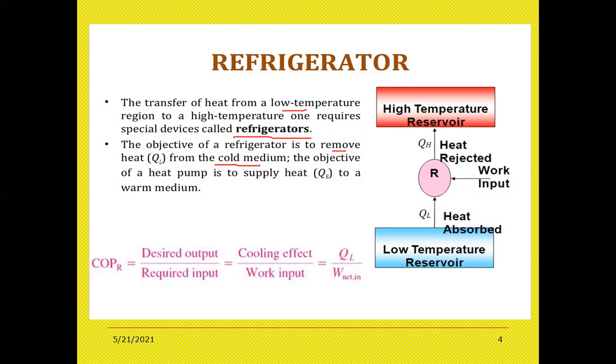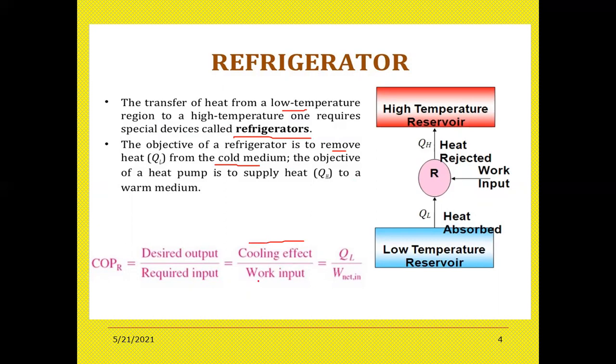So the objective of the heat pump is to supply the heat to the warm medium. The refrigerator transfers heat from low temperature to high temperature, right? See here. The coefficient of performance of a refrigerator is equal to desired output by required output. The desired output is the cooling effect.